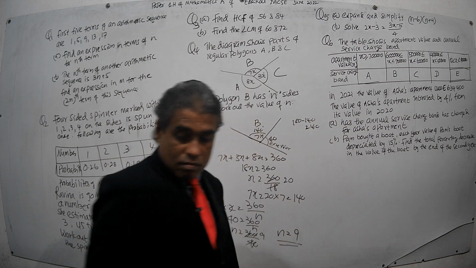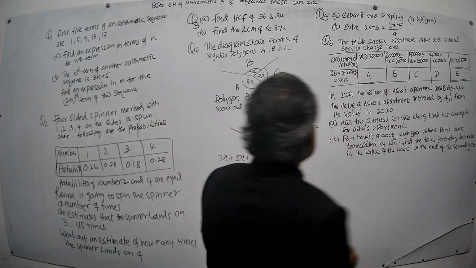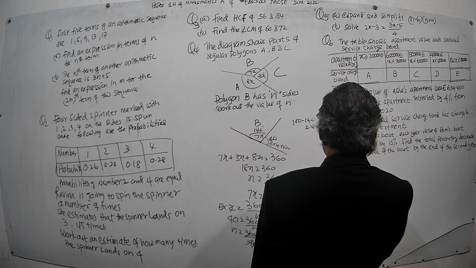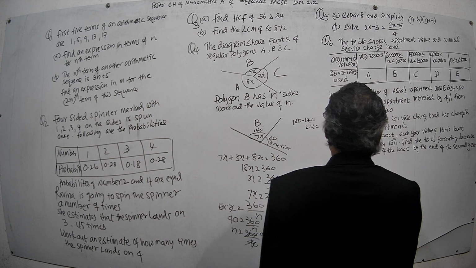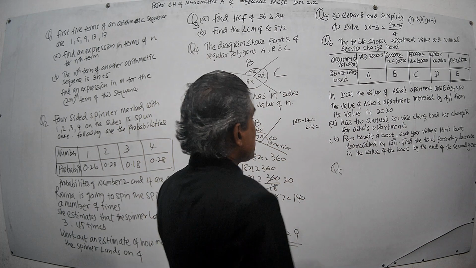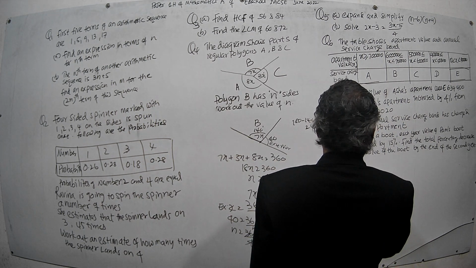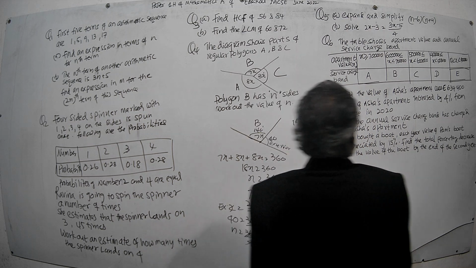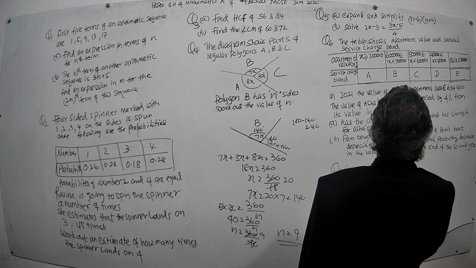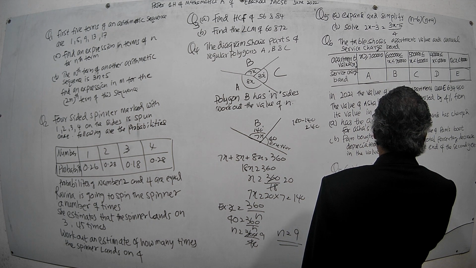Okay. Now they say question number 5A, expand and simplify. First one: n minus 6 times n plus 4.